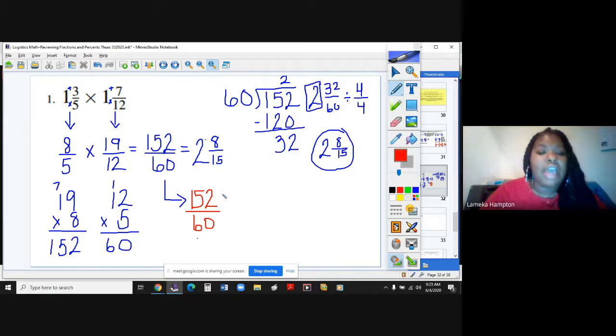So what you may have to do, you may have to start dividing, I would say maybe dividing by 4, just to see if that number would work. And if that number doesn't work, then we can go on to 8 and we can try to double that. But we can start off by dividing by 4. We can try to get that number as small as possible.